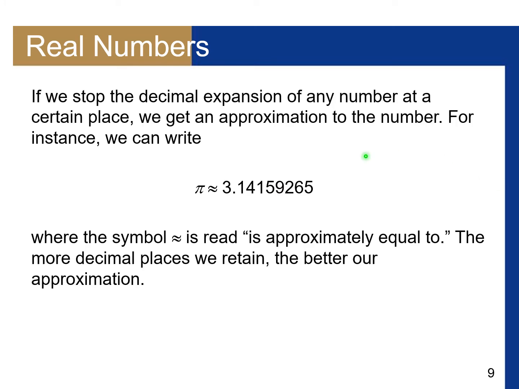Now, we obviously can't write all of the numbers for irrational numbers, so we often do stop at a place, and when we do that, we want to make sure that we don't use a regular equal sign. We want to use this approximation sign, so we can say pi is approximately equal to 3.14159265.